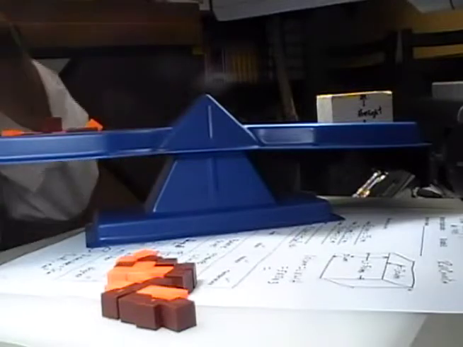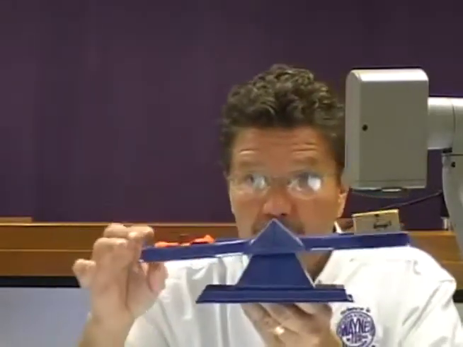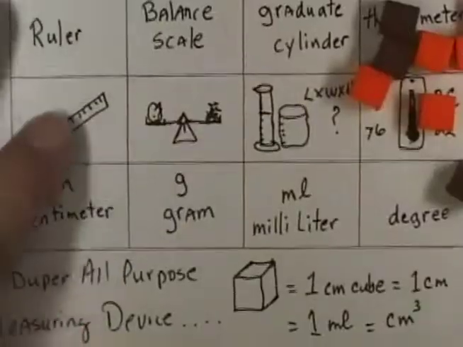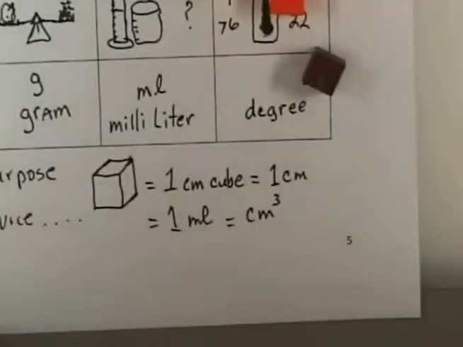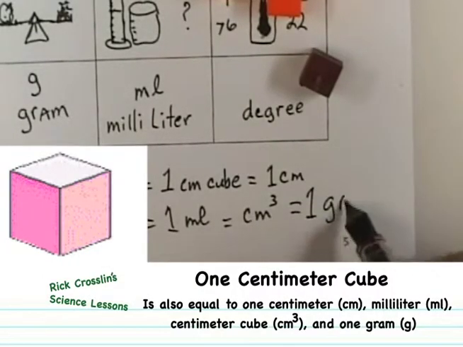25, wow. These are super duper all-purpose measuring devices. It really worked. Mine balanced with 25 super duper all-purpose measuring devices, or centimeter cubes, and the computer told me that each one of these is equal to 1 gram.